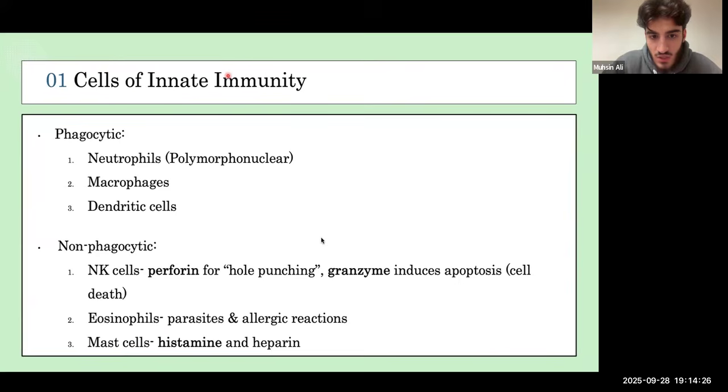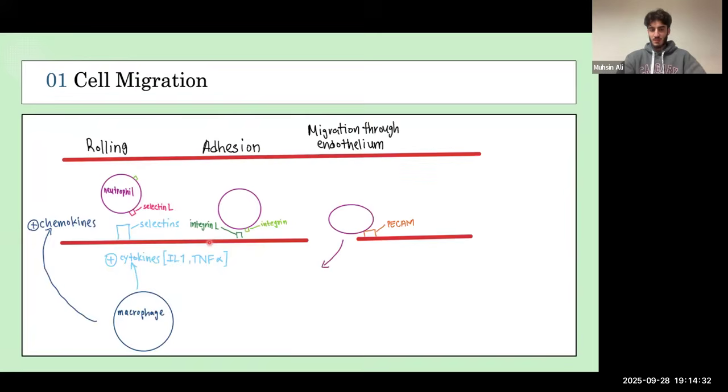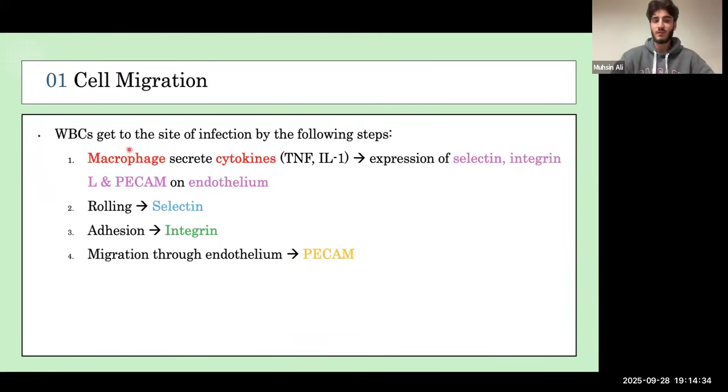Can you summarize cytokines' role again, please? Yeah, that's what we're going to do right now, actually. Okay. So again, just to quickly summarize, we have the following events that occur in order for the white blood cell, any white blood cell, it doesn't have to be a neutrophil specifically, but in this case, we're saying neutrophil, to go from the blood vessel into the site of infection. So the first thing that needs to happen is that the macrophage is going to secrete these cytokines.